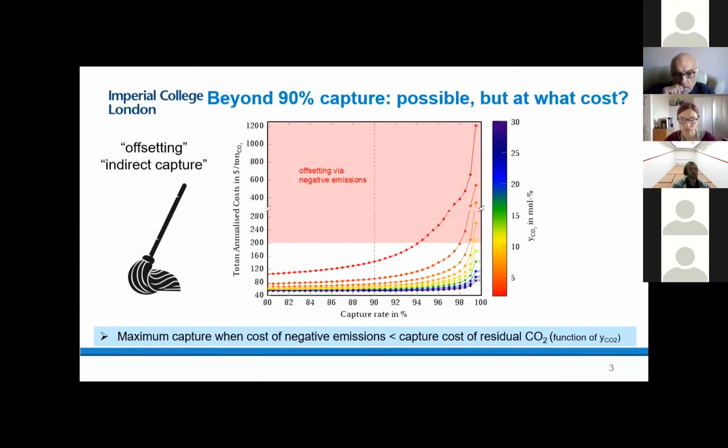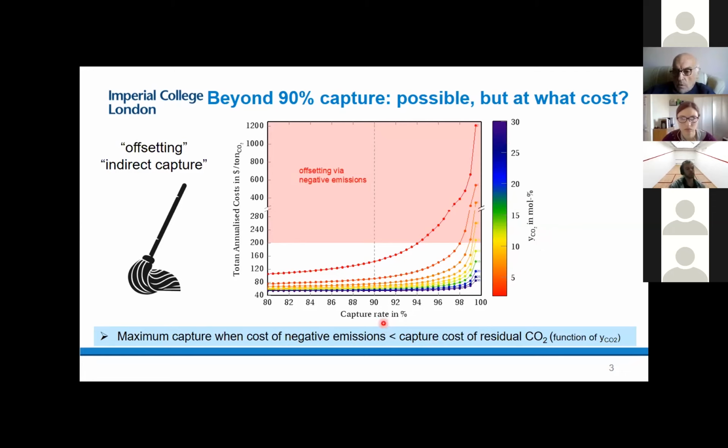And the result looks like this. So if you start from a typical 90% capture rate and you increase the capture rate, then the cost profiles, on the y-axis, you've got your cost, the dollars per ton of CO2 that you're paying, depends on the flue gas composition that you're looking at. To put some reference numbers into here, 4% CO2 would be a gas-fired power plant, 8% would be a gas-fired power plant with EGR we've been hearing about earlier, 12% would be a coal-fired power plant, and everything higher would be an industrial facility like hydrogen, steel, iron, cement.